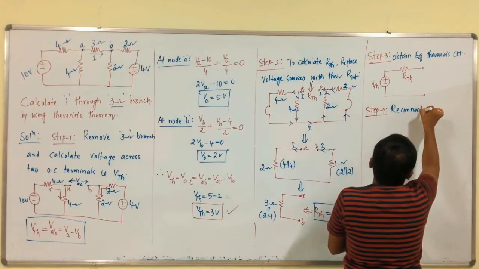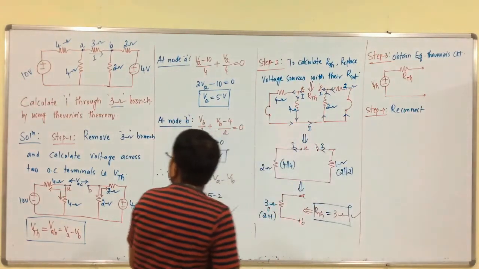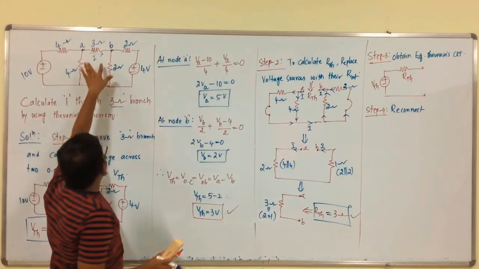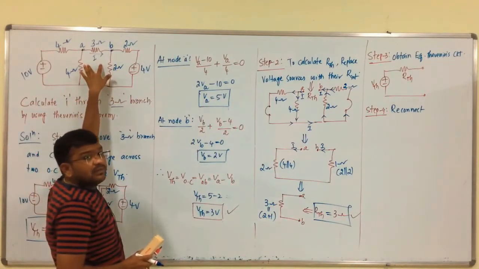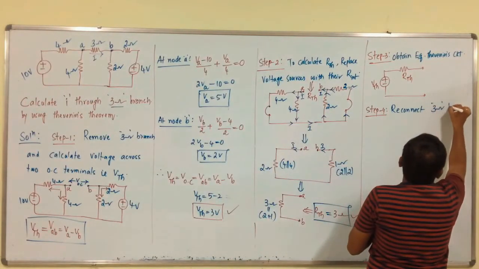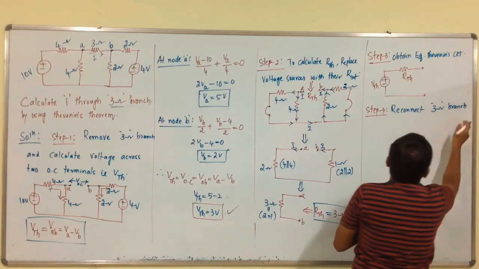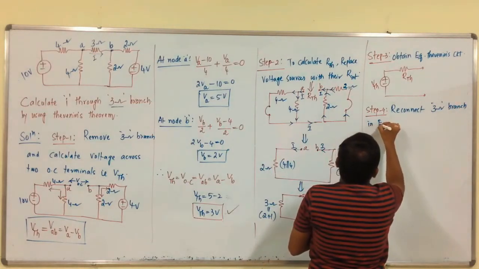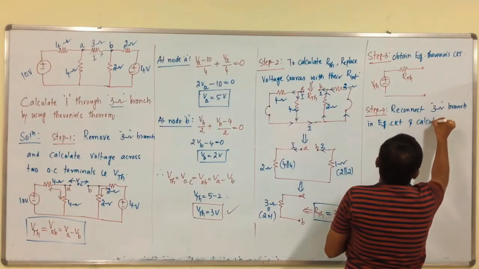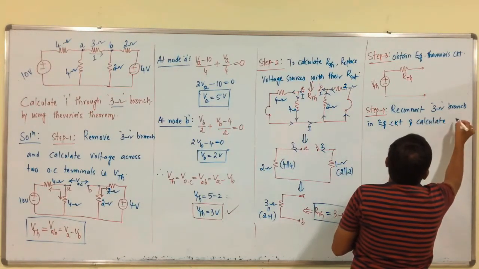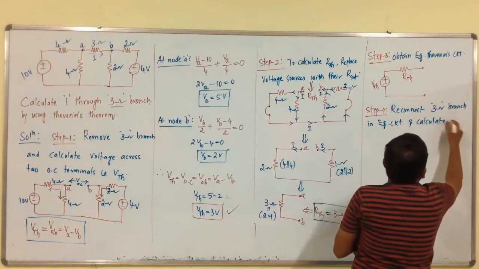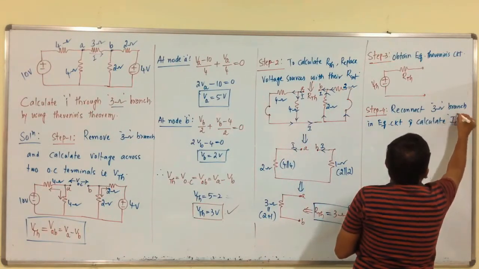Reconnect. What is the load resistance branch here? Reconnect this 3 ohm branch in the equivalent circuit and calculate the current, the load current IL.